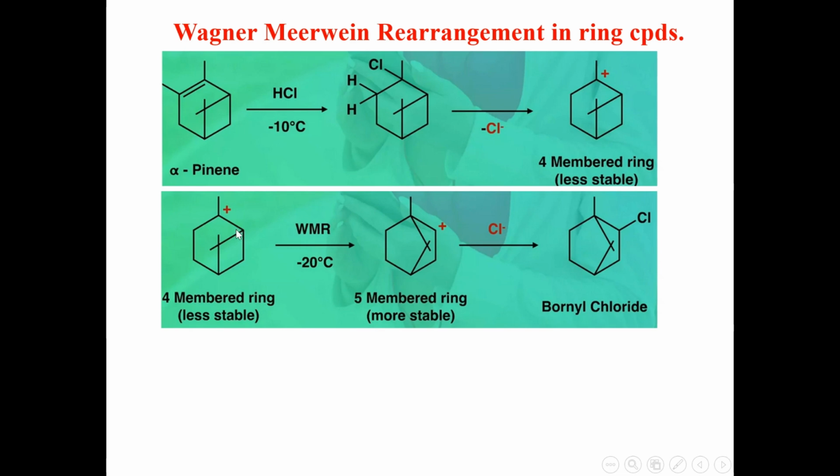From here, the bond breakage occurs and it shifts towards this positive center, and I'll get a 5-membered ring with a positive center. This shift occurs because the 5-membered ring has more stability than the 4-membered ring system. This can react with Cl- to give rise to the corresponding bornyl chloride.